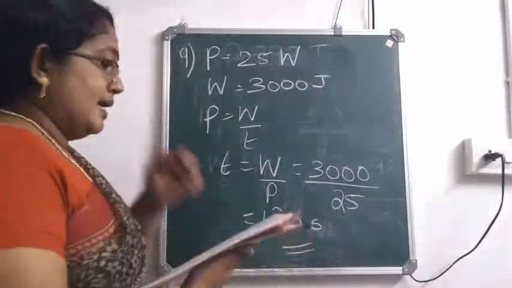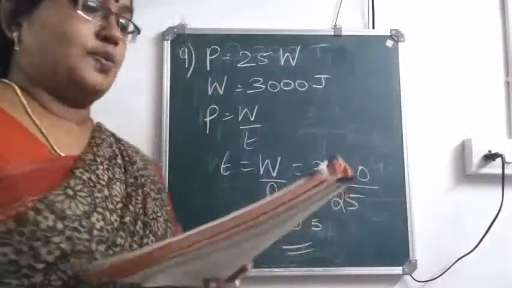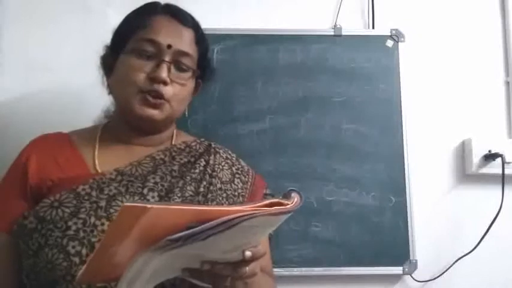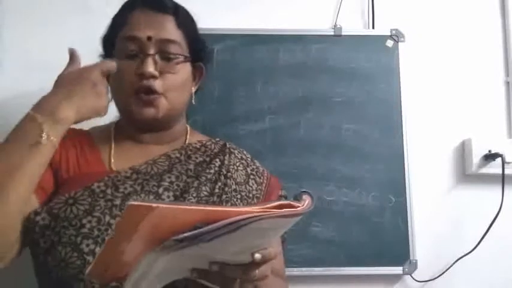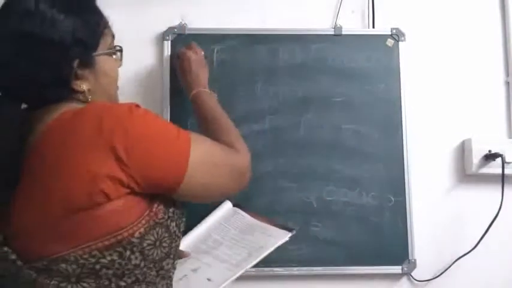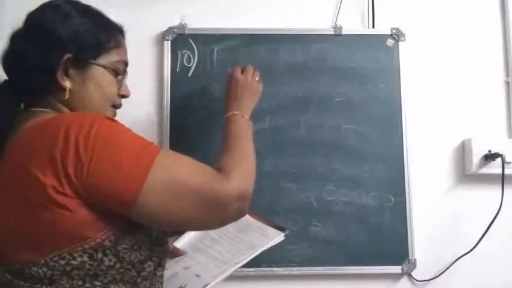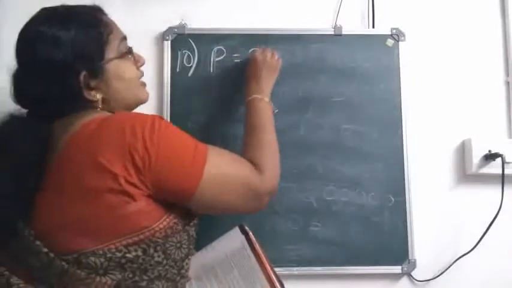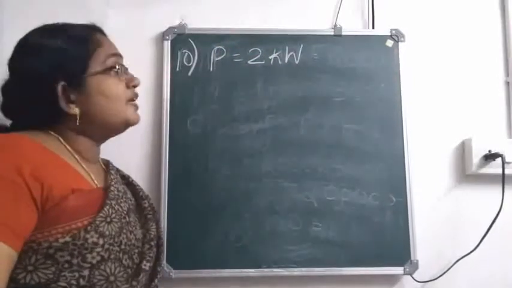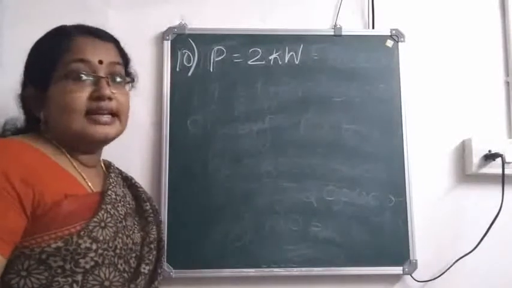Okay. Now, we will move to the last question. An electric kettle of power 2 kilowatt is used for 1 minute. Find the energy supplied by the kettle. Okay. So, here power is given as 2 kilowatt. In order to convert it into SI system, we need it in watt, isn't it?